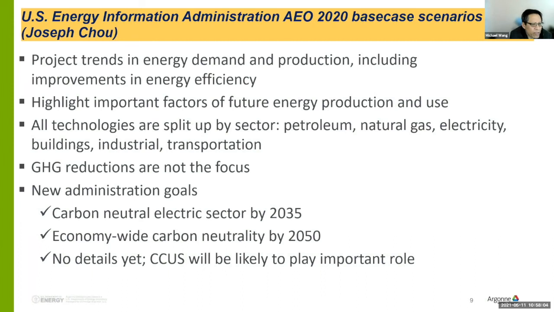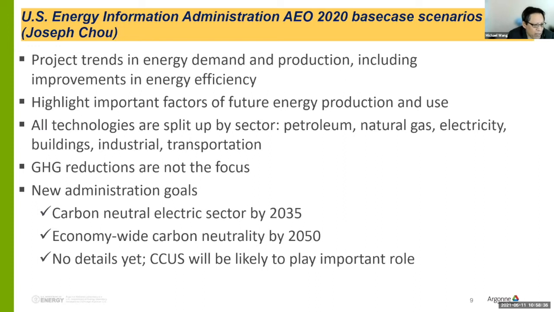The U.S. Energy Information Administration's Annual Energy Outlook, so Joseph reviewed the 2020 AEO. As many of us know, AEO is primarily on energy demand and production. AEO projects trends in energy demand and production, including improvements in energy efficiency.